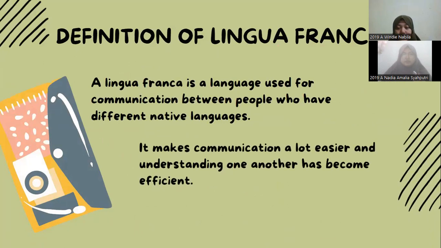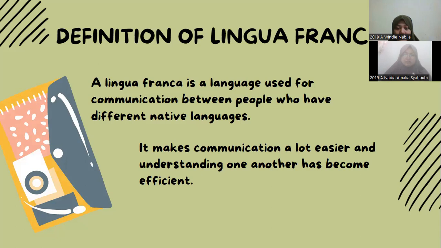And in short, people who speak different languages who are forced into contact with each other must find some way of communicating by using a lingua franca. Lingua franca is a language used for communication between people who have different native languages. It is a common language or mode of communication that enables people to understand one another regardless of their cultural and ethnic backgrounds.